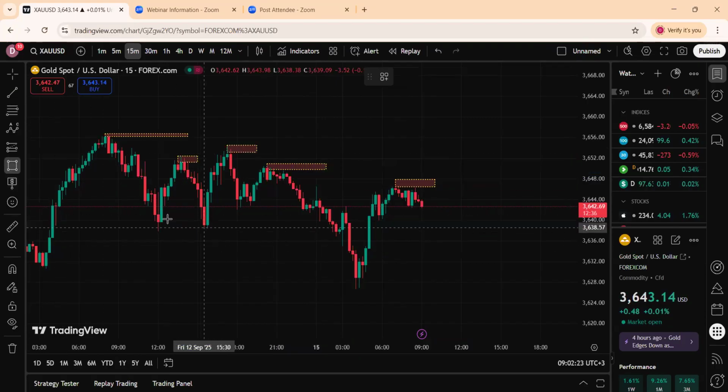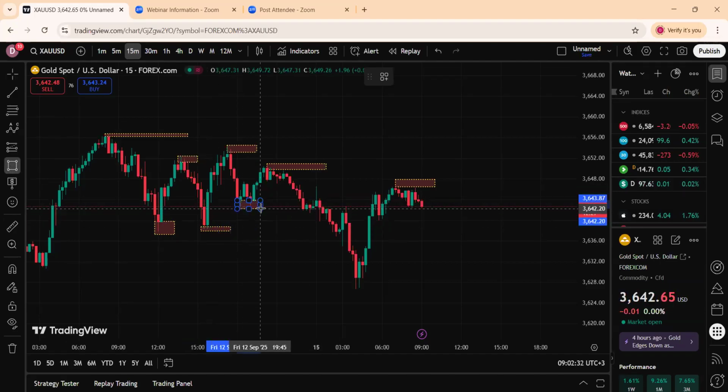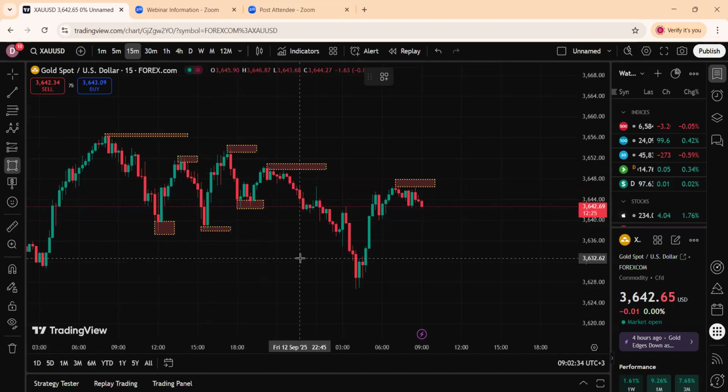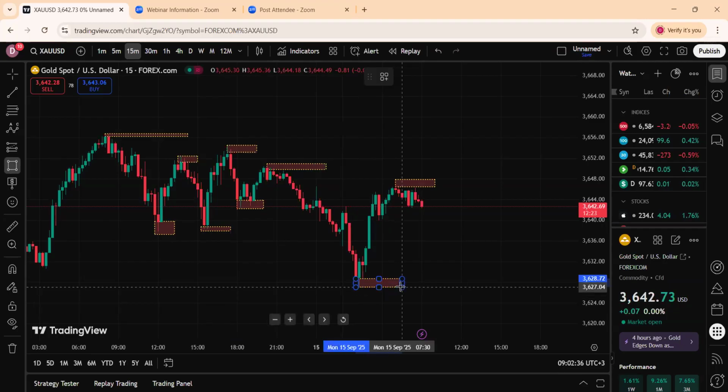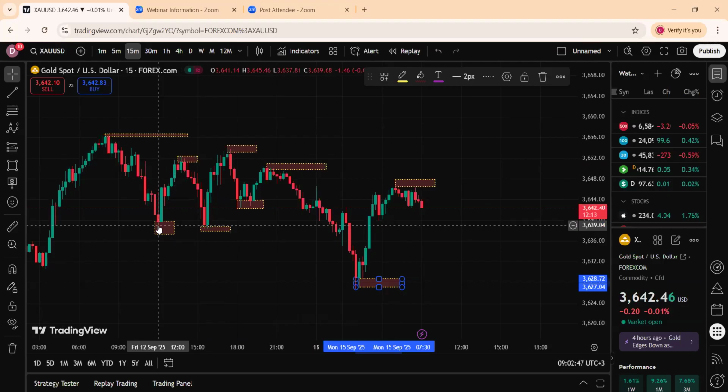Then on the lower side, this becomes my support. My support here. There's also another support here. I can call that, but it's a very small one. So this is your support here, and this is your resistance. That's how you can identify.